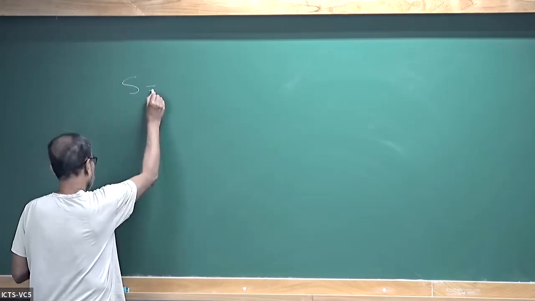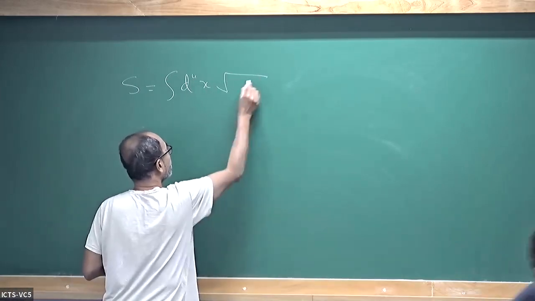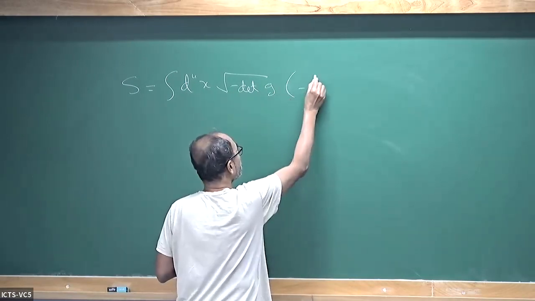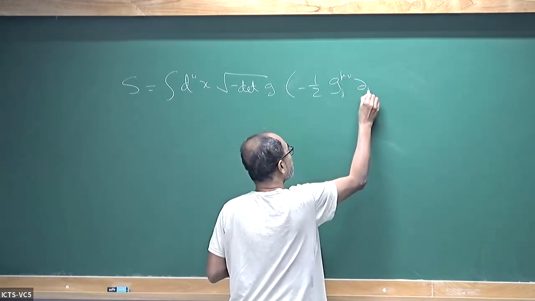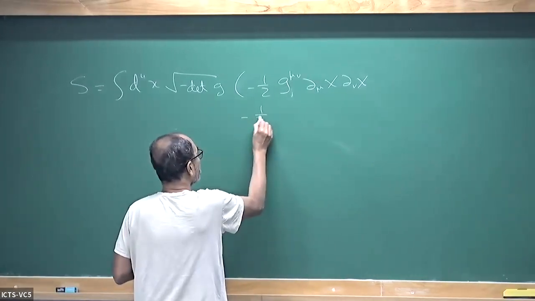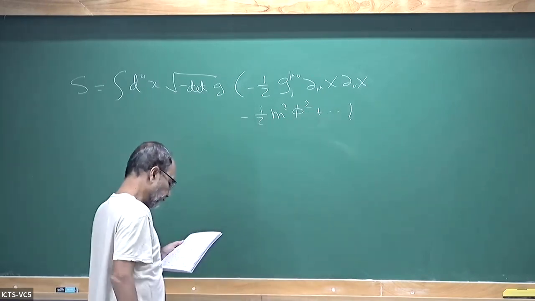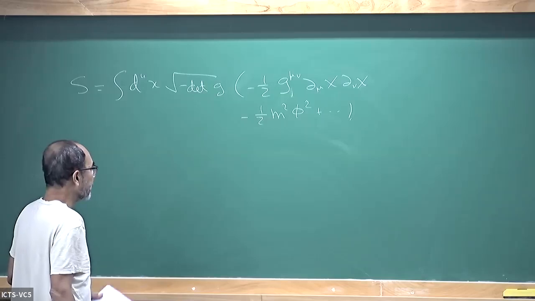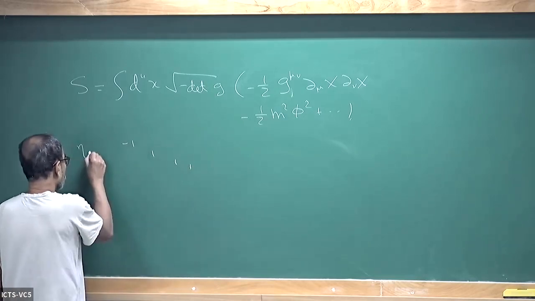So we had an action of the form, with the metric eta mu nu being -1, 1, 1, 1.